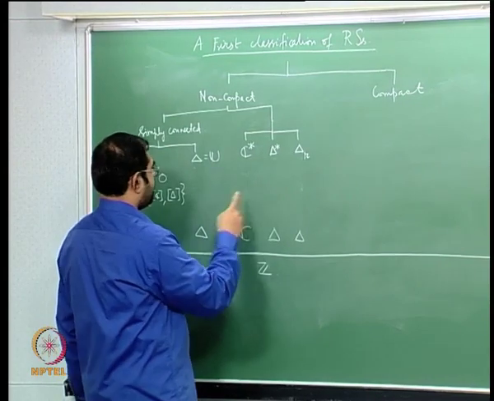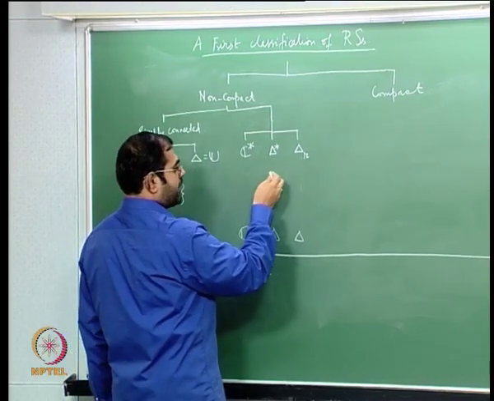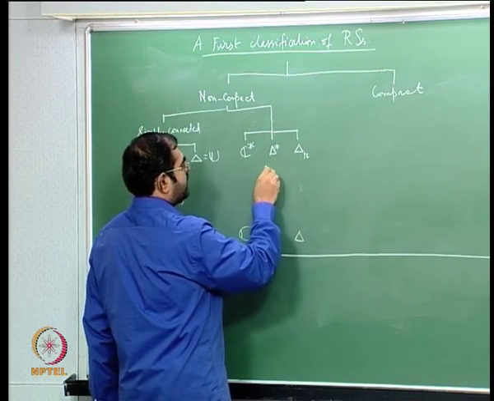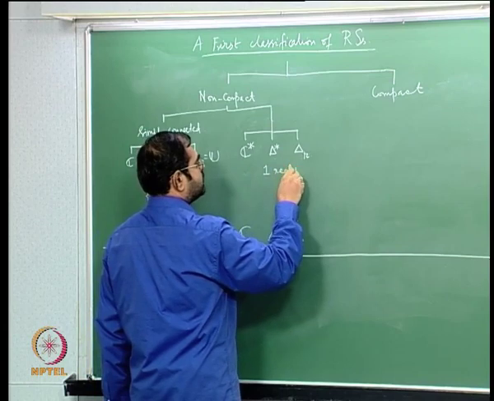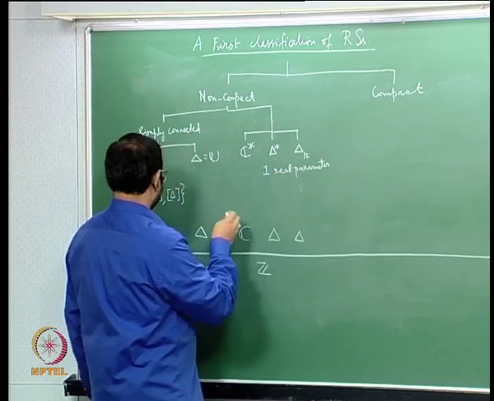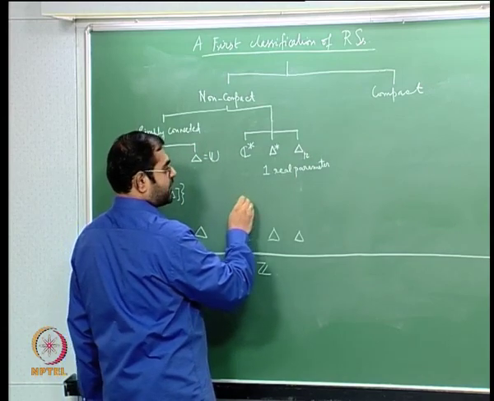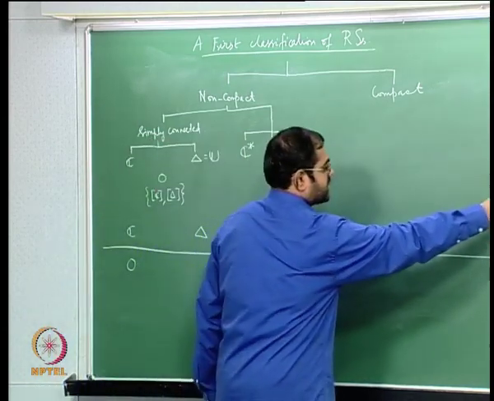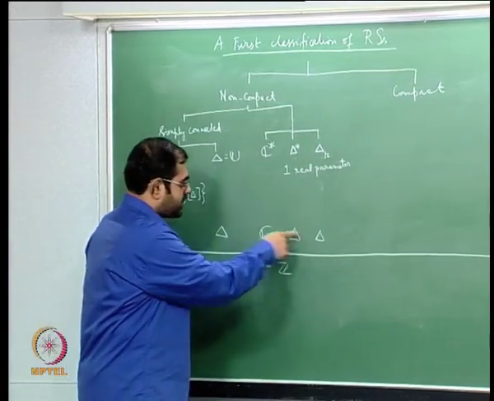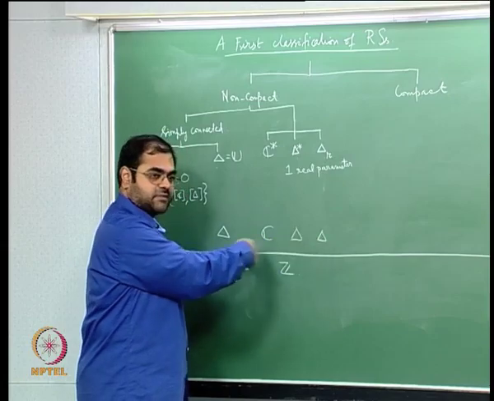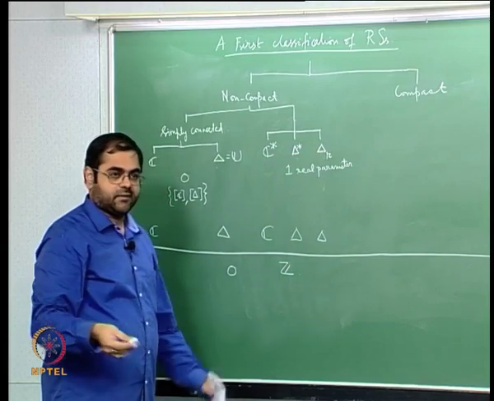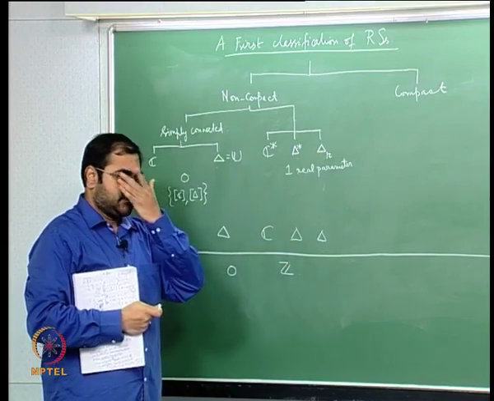And in this case if you look at the number of moduli, I will write it as one real parameter for the following reason, because the set of isomorphism classes of Riemann surface structures that you can put on one of these spaces, which are all homeomorphic, if you think of them as the same topological space, then there are three possibilities.